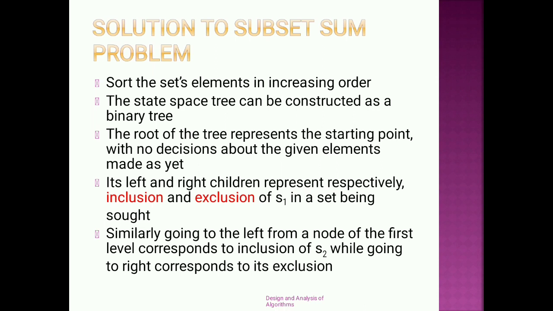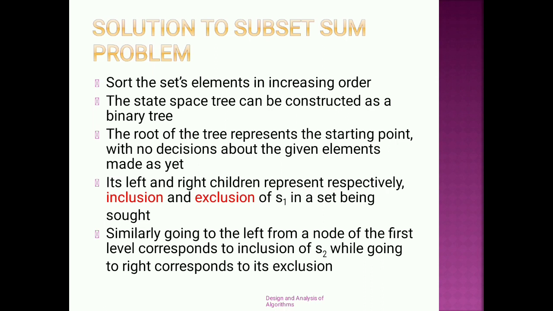Then come the left and right children of the root. Now how do we construct the left child and right child of the given root? The left child represents the inclusion of s1.